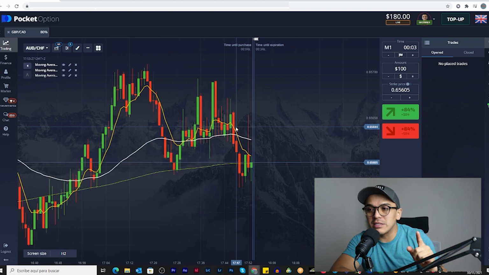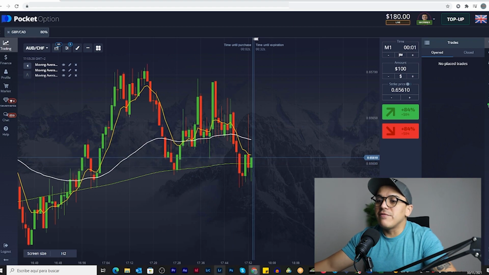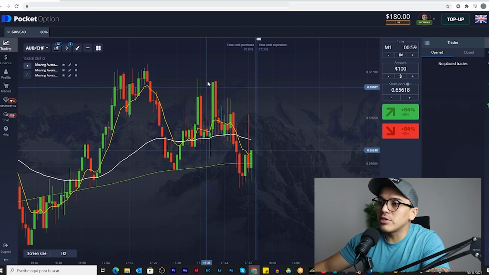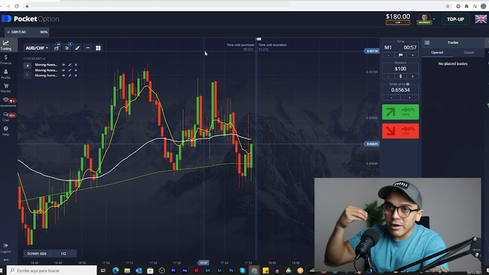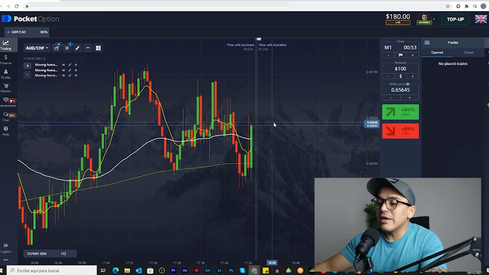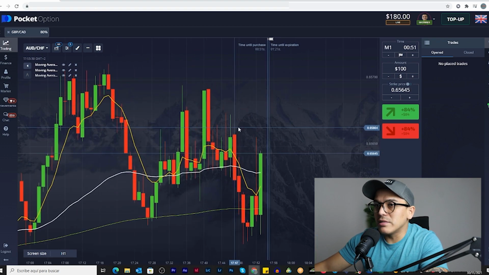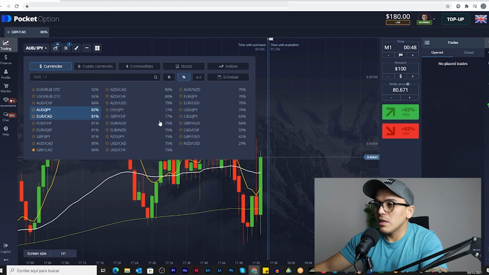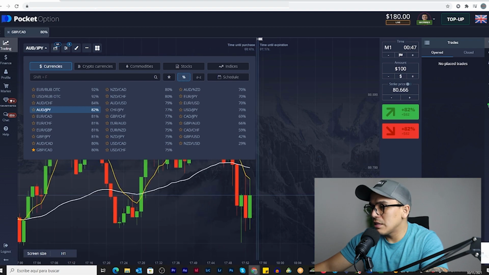Another reference is if I have the 200 moving average below, it's going to be a better entry for me. I'll explain right now why I took those signals and why I decided to do this.